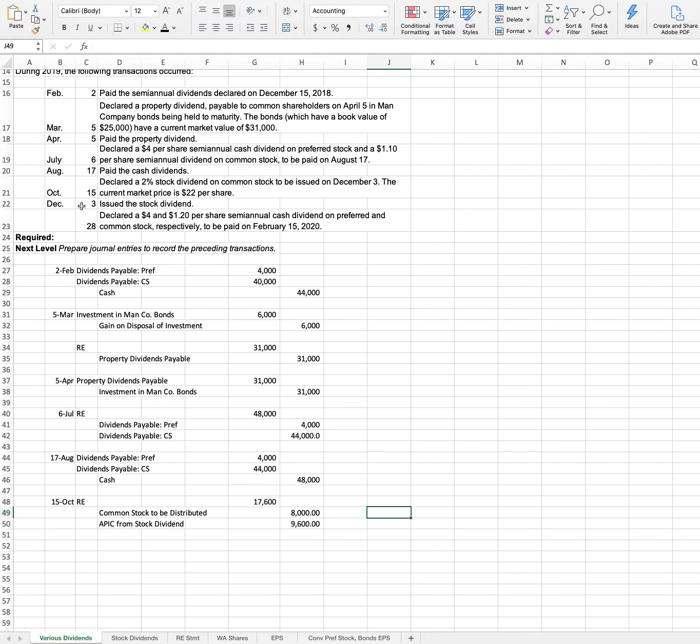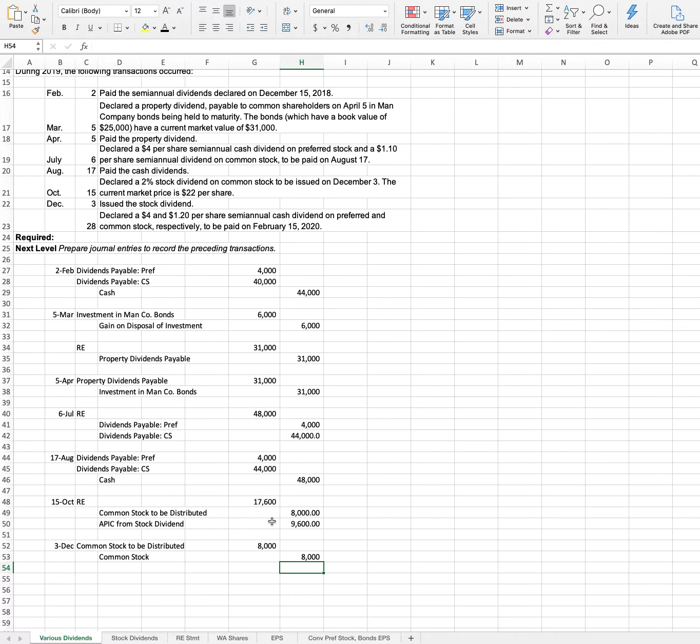Okay, then on December 3rd we issued the stock dividend. So our debit will be this common stock to be distributed, and the credit will be actually common stock for the 8,000.